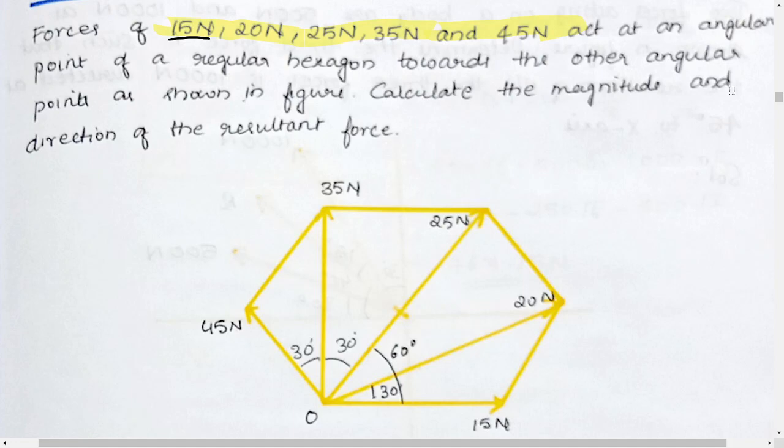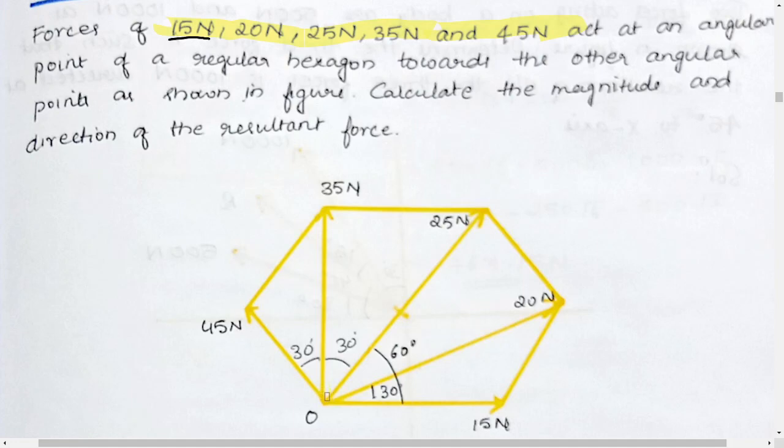We need to calculate the magnitude and direction of the resultant force. So we are given 5 forces: 15 Newton, 20 Newton, 25 Newton, 35 Newton and 45 Newton. They act at an angular point of a regular hexagon. So this is the angular point.